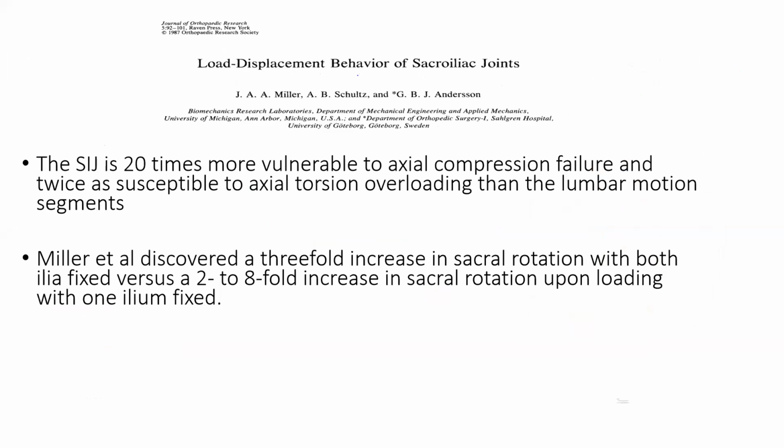The SI joint is 20 times more vulnerable to axial compression failure and twice as susceptible to axial torsion overloading than the lumbar motion segment. Miller et al. discovered a threefold increase in sacral rotation with both iliac bones fixed versus a 2 to 8-fold increase in sacral rotation upon loading with one ilium fixed.